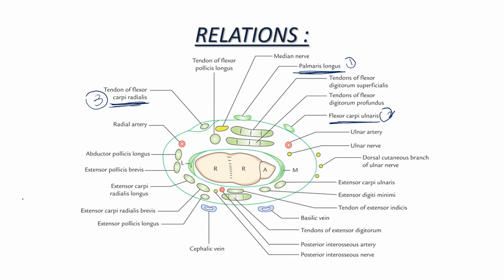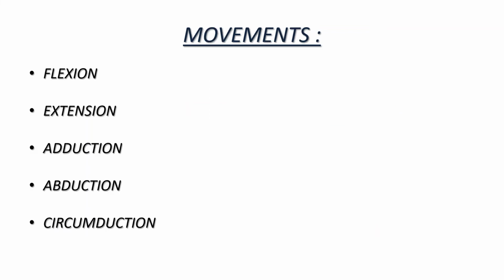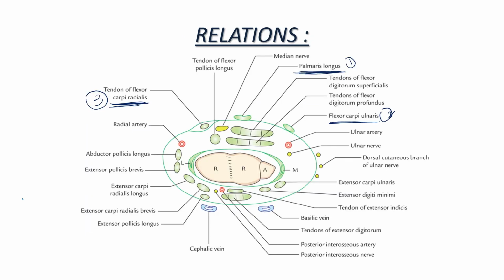In the intermediate plane, just beneath the palmaris longus, within the flexor retinaculum, the relation is contributed by the tendons of the flexor digitorum superficialis, the four digital tendons, and the important nerve, that is the median nerve.